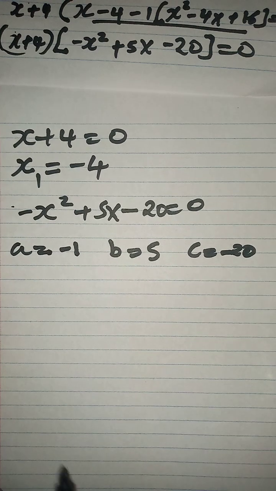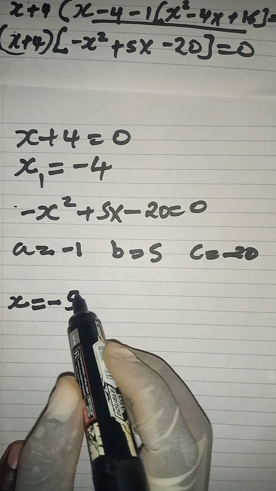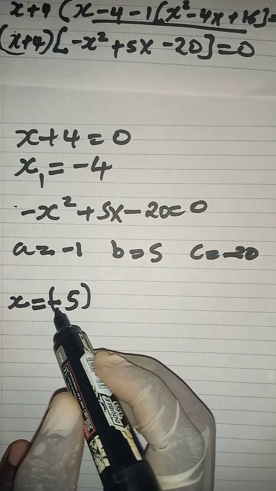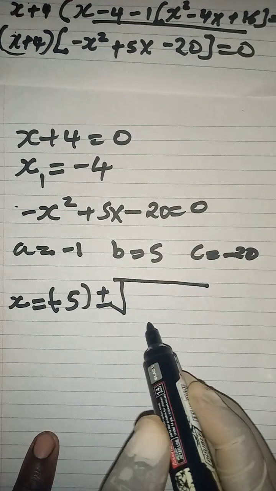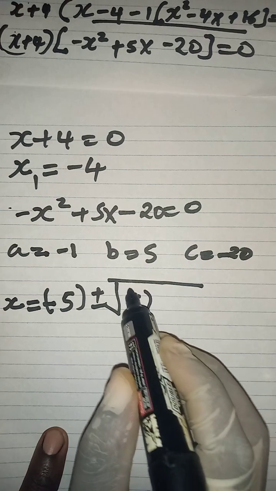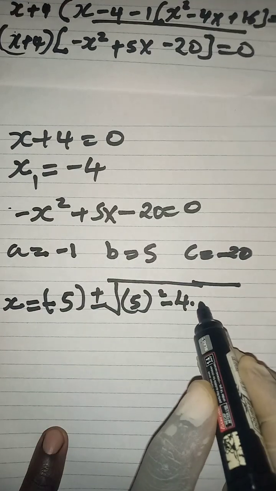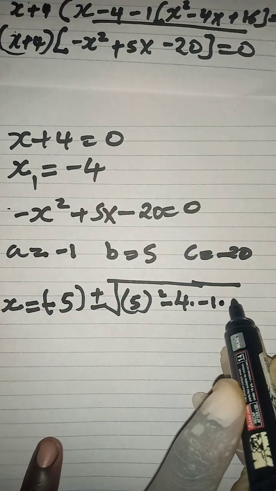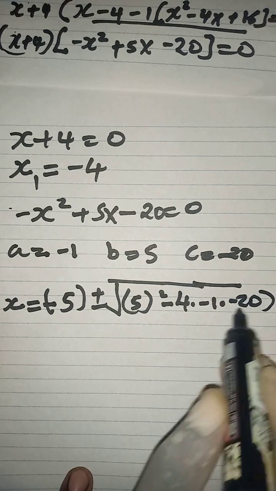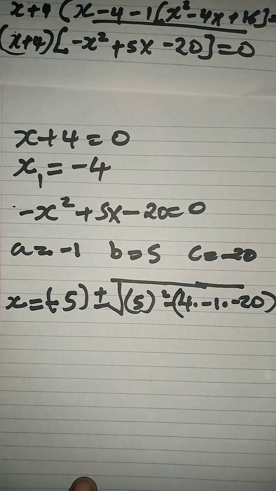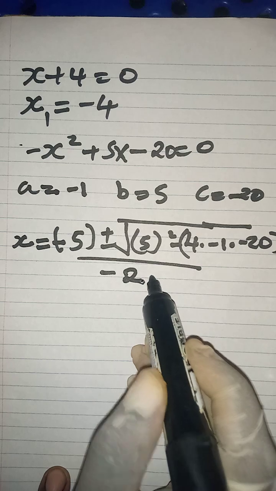So using the quadratic formula, the value of x becomes negative b, so I'm going to get negative 5, plus or minus the square root of b squared, so that is 5 squared, minus 4 times a, of course a is negative 1, times c, that is negative 20, all over 2 times a.